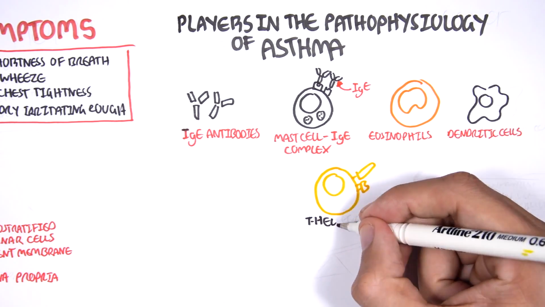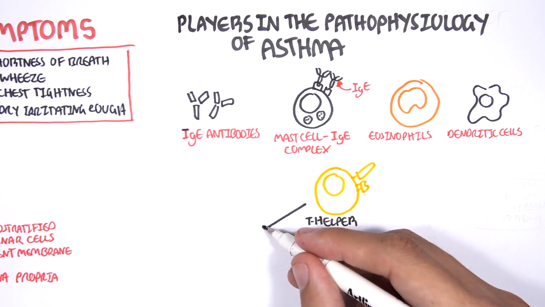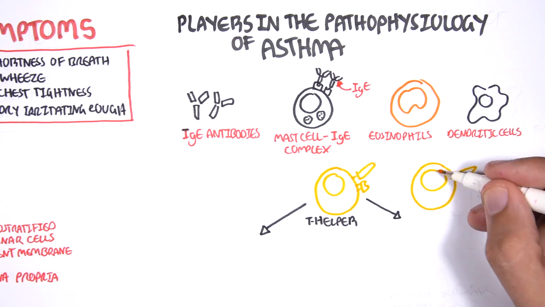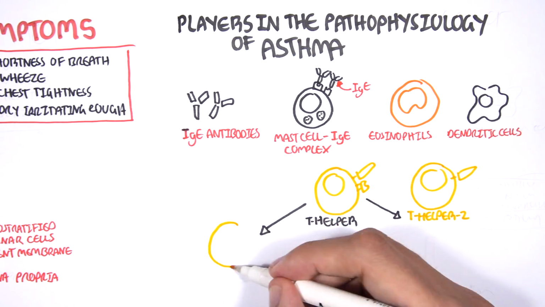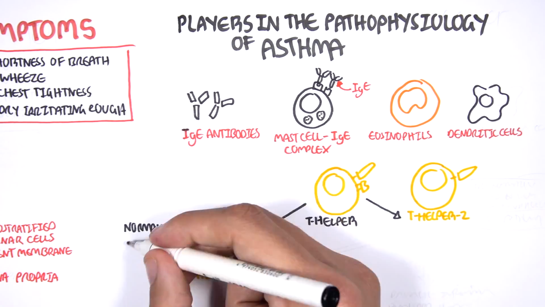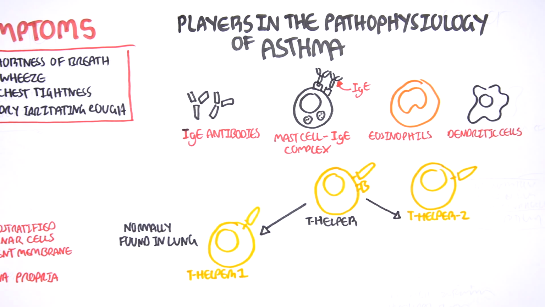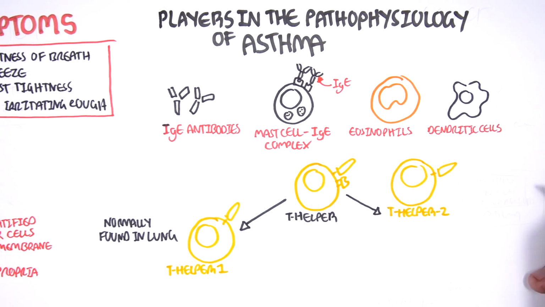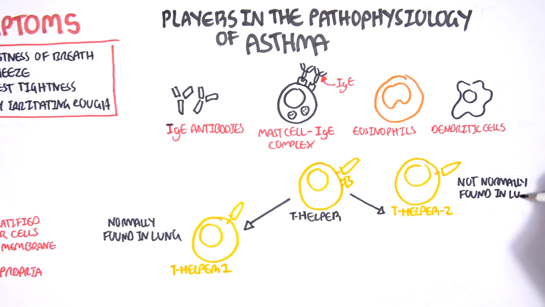Now, there are two main types of T helper cells. There's T helper 1 and there's T helper 2. T helper 1 is normally found in the lungs. However, there is an imbalance in asthma, because in asthma, T helper 2 cells, which are not normally found in the lungs, are upregulated.